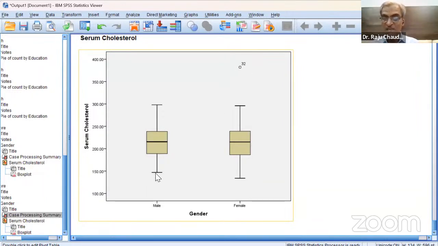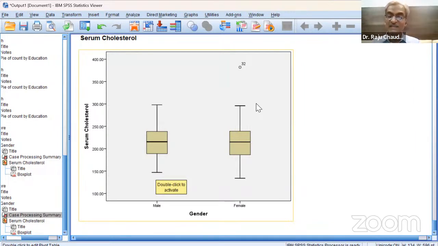Okay, so this is the minimum value, this is the maximum value, the ends of the whiskers. Okay, this is Q1, Q2, Q3. But in case of the female, this is not the maximum value. It is Q3 plus 1.5 times the interquartile range. So that is this value. And beyond that, any value is an outlier.